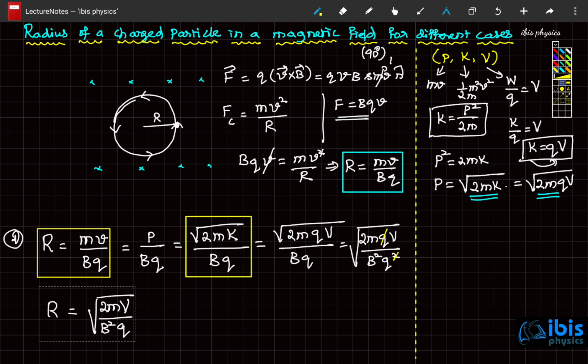If you know the potential difference with which the particle is accelerated, you can take the other one. Here this v is velocity, and the other V is the potential difference across which the particle is accelerated into the magnetic field, and K is the kinetic energy of the particle. So you remember these formulas, and how to apply them in the following problems I will explain.